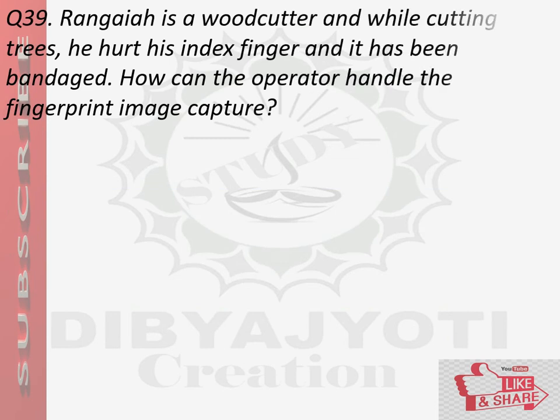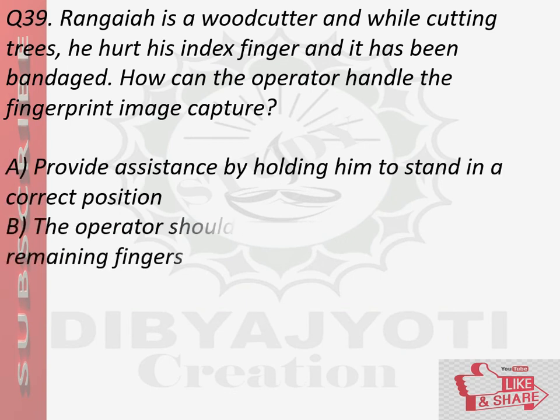Next, Rangia is a woodcutter. While cutting trees, he hurt his index finger and it has been bandaged. How can the operator handle the fingerprint image capture? Options are option A, provide assistance by holding him to stand in a correct position.